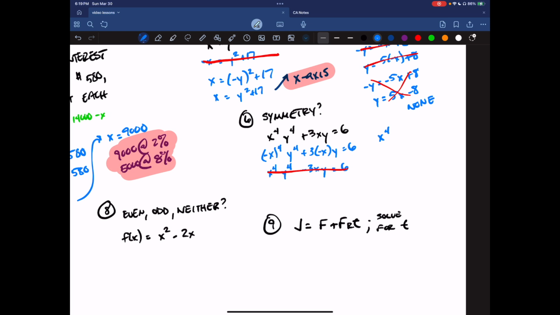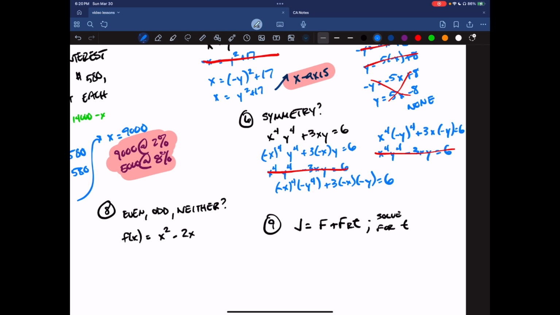So I got x to the fourth, negative y to the fourth plus 3x negative y equals 6. It's going to give me x to the fourth, y to the fourth minus 3xy equals 6. Once again, it doesn't get me there. Let me try both. All right, I have negative x to the fourth, negative y to the fourth plus 3 negative x negative y equals 6.